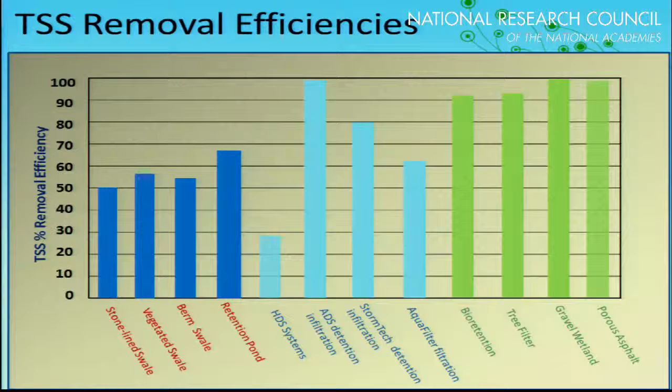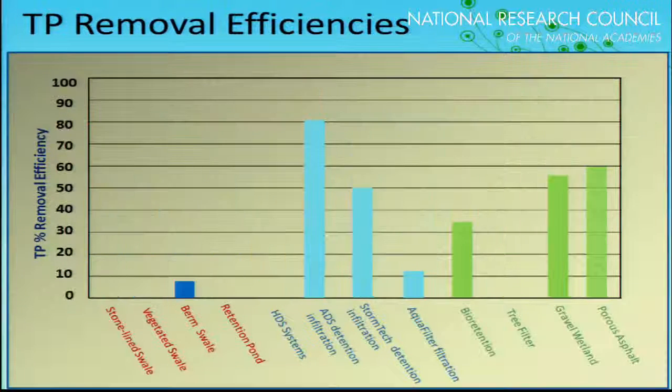They're manufactured typically because you can't put them above ground or you're space constrained. And then the green bars are the typical green infrastructure you would see: bioretention, tree filter, the gravel wetland, and permeable pavements. And so for total suspended solids removal, you see a great performance by the green infrastructure, and a typical standard is 80% TSS, a time-honored standard.